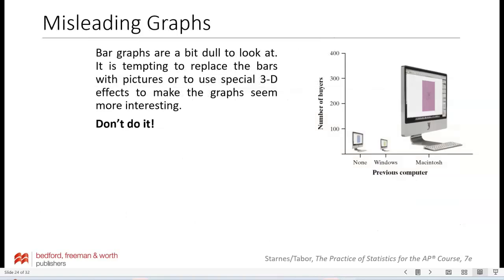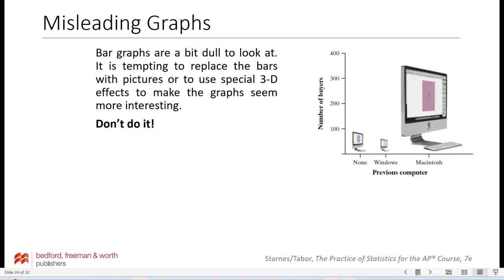Bar graphs are a bit dull to look at. It's tempting to replace the bars with pictures. A lot of newspapers or magazines might do this. They think it looks cooler, but mathematically it's not quite the same because the area is so vastly different. If you look at Windows, it's tiny, like 20 of those would fit in one Macintosh. I don't know, 25. They're so tiny compared to how big that screen is.